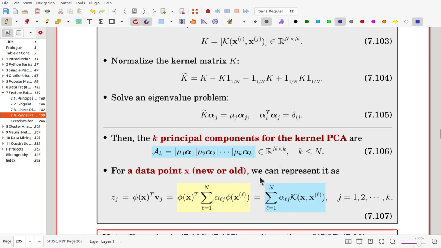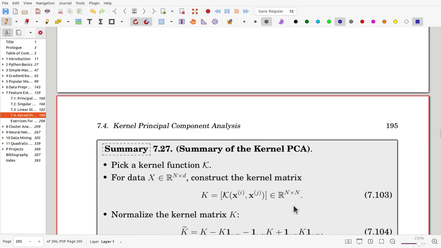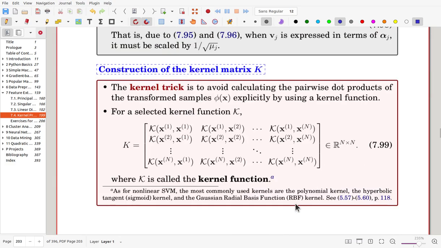Then the k principal components for the kernel PCA are obtained in this way, and for a data point we can get the principal component by making this product.